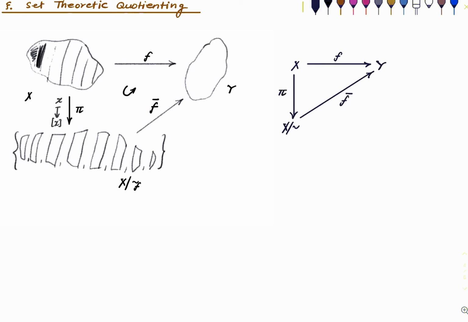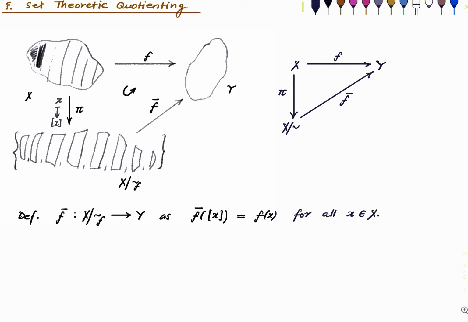So how do we show that such an f bar exists? We will just construct it, and the uniqueness is very, very simple. So define f bar as follows: f bar of the equivalence class of x is the same as f of x. Right? So that's our definition.